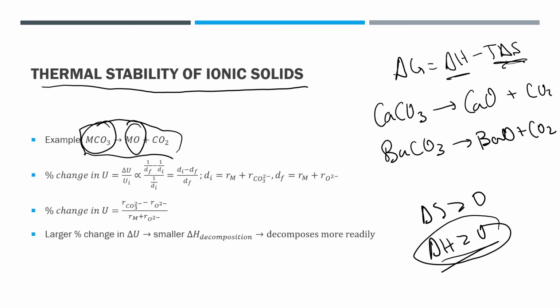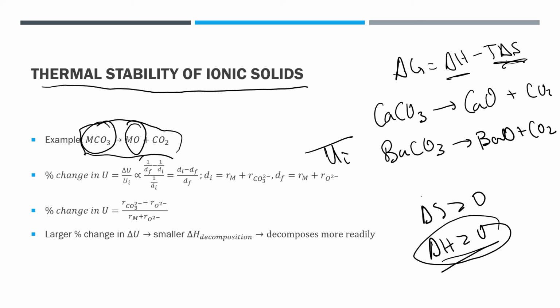So when I'm looking at percent change in U, I want to look at the change in potential energy divided by the initial potential energy, right? And remember, potential energies are proportional to 1 over distance. So if I'm just looking at ratios, the change in potential energy is going to be proportional to 1 over the distance final minus 1 over distance initial.